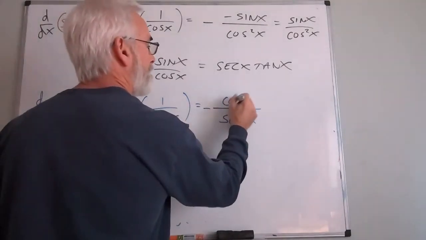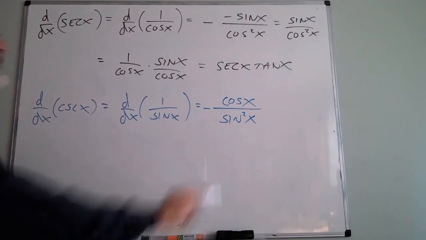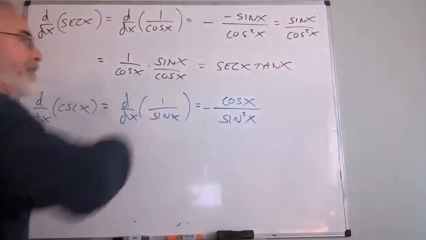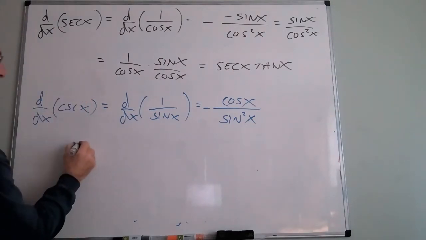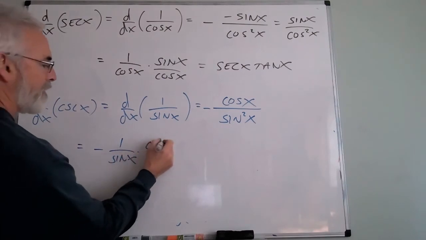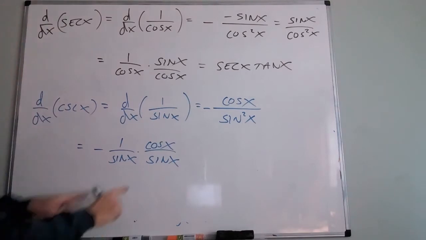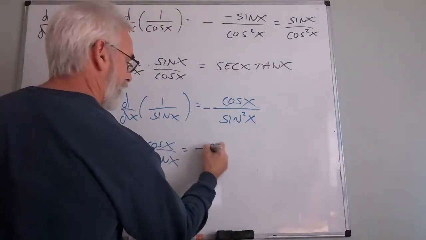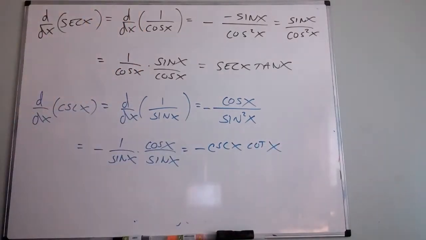That would be cosine. Okay. So like this one here, if I pull it apart, now how should I pull it apart? Really in the same way. How about if I pull it apart as negative 1 over sine times cosine over sine? I know these are equal, and this gives me negative cosecant x cotan x.